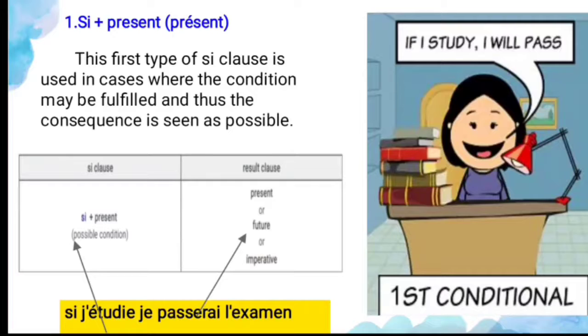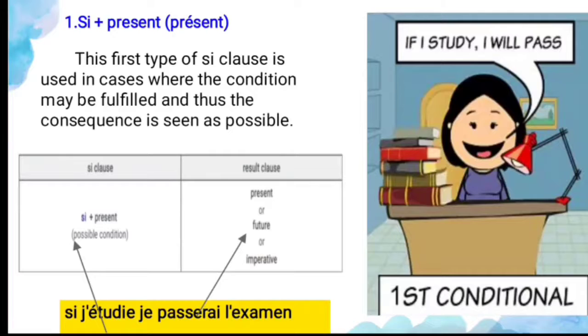Possible means able to be done or achieved. For that purpose we use the first type, Si plus présent. The Si clause, that is if plus present tense, is the possible condition, and the result clause is present, future or imperative. So you can use these three tenses only for this first type.